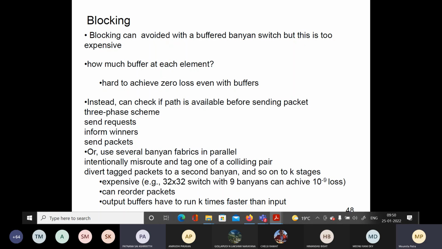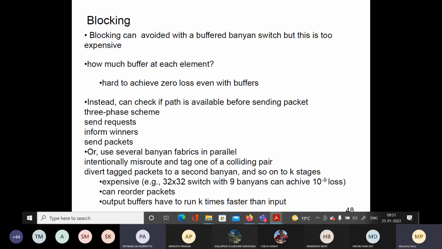That means whatever contended packets you are having, you are simply routing them to different Banyan switches which are at different stages. This will reduce the amount of contention that you are having. But what will happen? This will be expensive. You will have to have more Banyan switches.